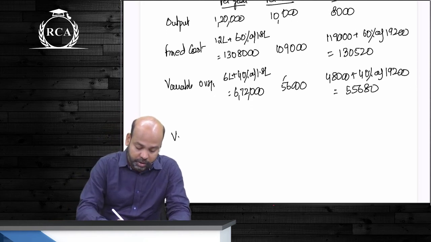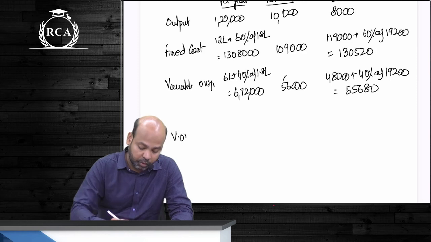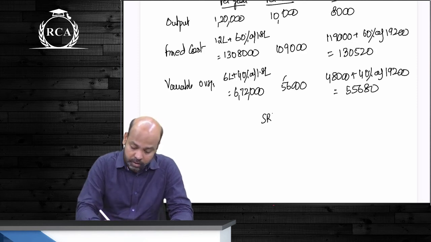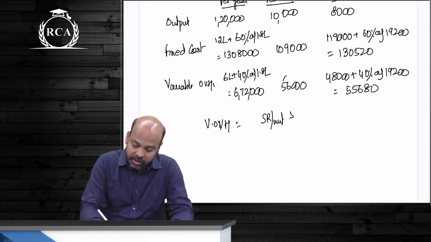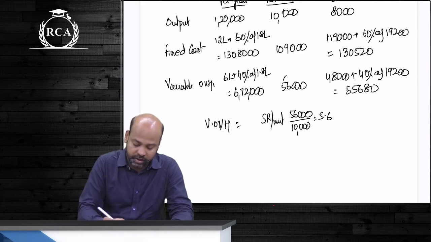How will you write variable overhead cost variance, beta? Standard rate per unit कितना है, guys? For variable overheads, can I write 56,000 divided by 10,000 units? That will be 5.6 rupees.